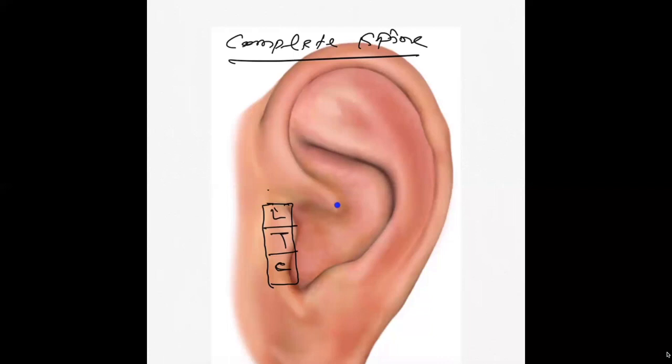This area is C1 to C7, this area T1 to T12, and this area L1 to L5. And at this uppermost part, we have sacrum and coccyx. So the whole spine can be treated just through the tragus: cervical, thoracic, lumbar. The whole spine is available in the tragus.